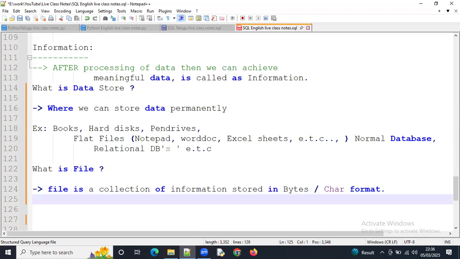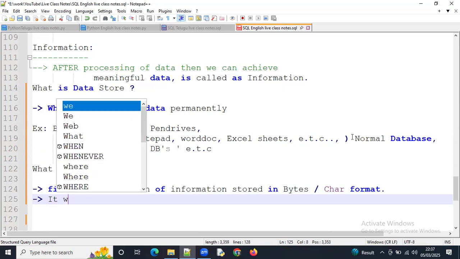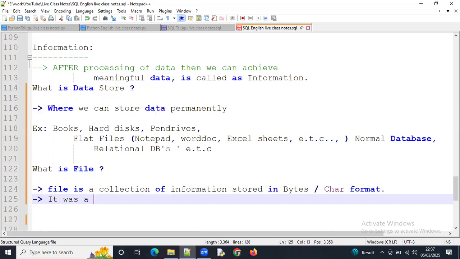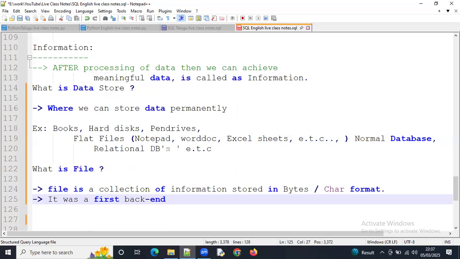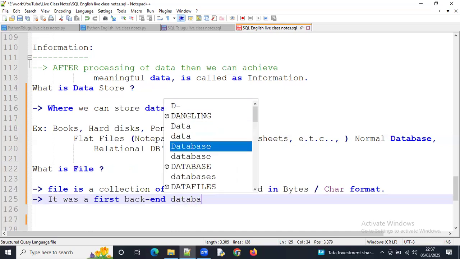In real time, this is the first kind of application, the first kind of backend database.